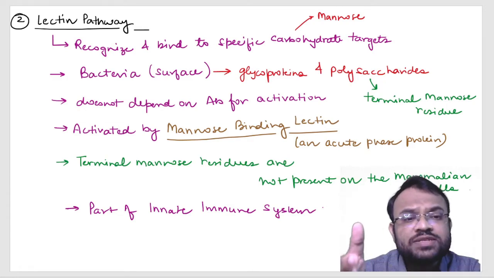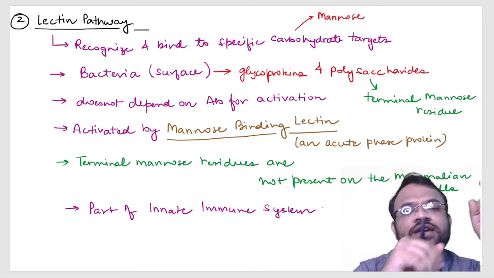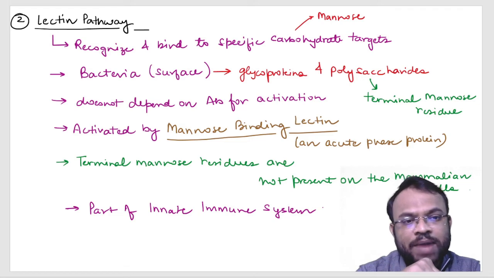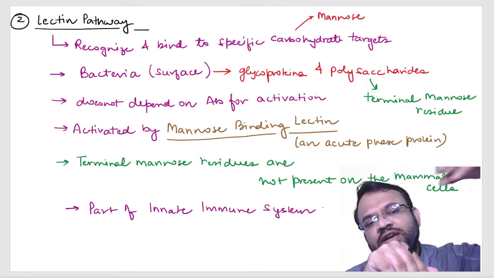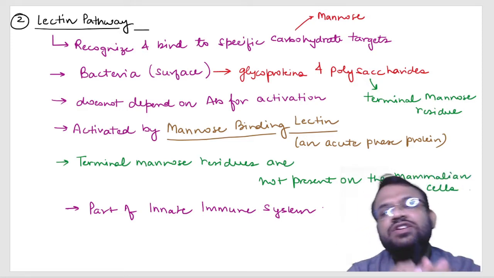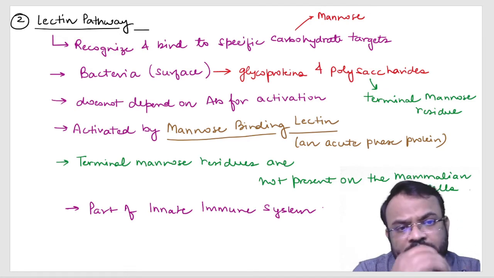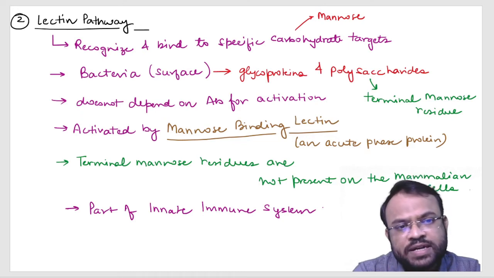So how does this get activated? Simply when mannose is present on the terminal of the bacterial glycoproteins or polysaccharides, then this lectin present inside your body comes and binds, and this starts the lectin pathway.